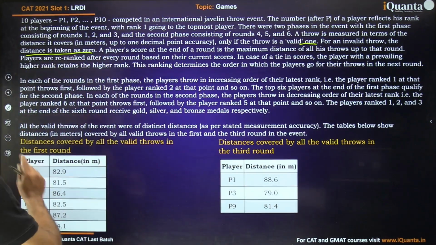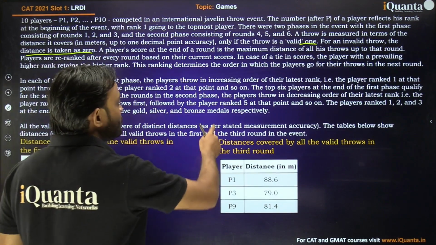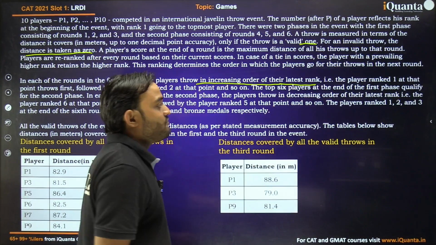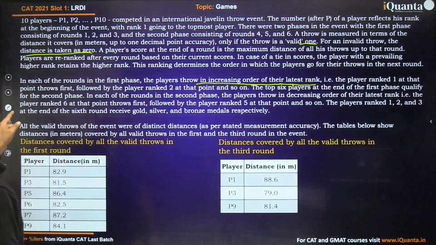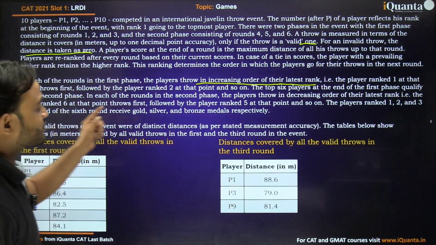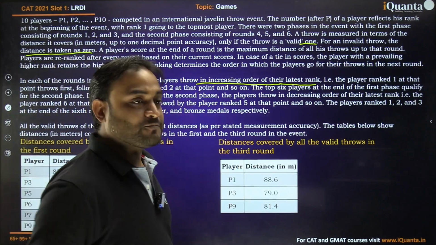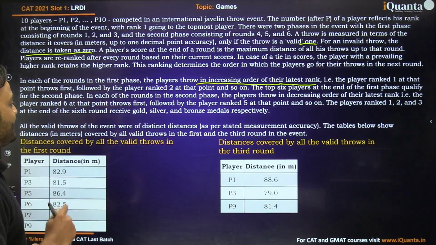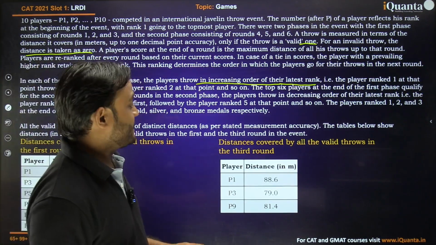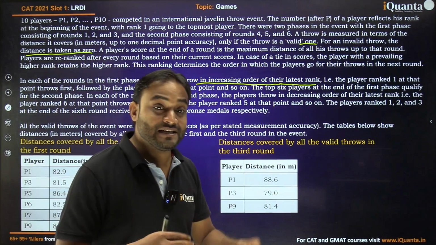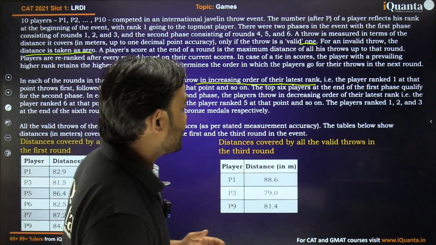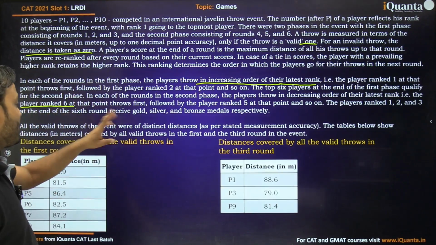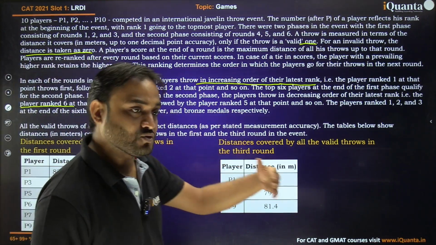In each of the rounds in the first phase, the players throw in increasing order of their latest rank, that is, the player ranked 1 at that point throws first, then rank 2 and so on. The top 6 players at the end of the first phase qualify for the second phase, and in each of the rounds in the second phase, the players throw in decreasing order of their latest rank, that is, the worst player, rank 6, will throw first, then rank 5 and so on.